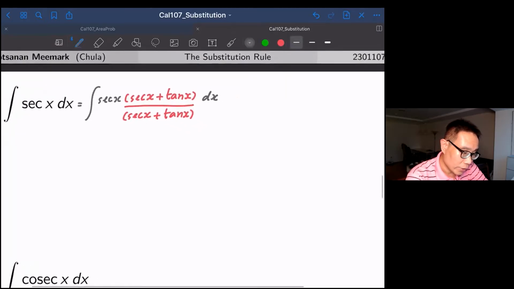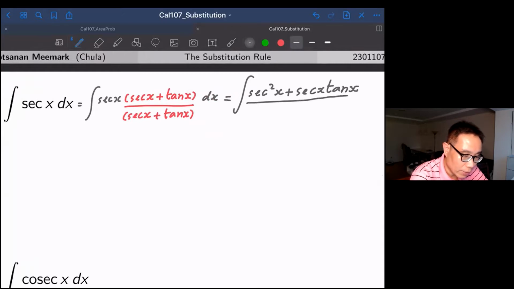Multiplying the top, it turns out to be secant squared x plus secant x tan x, and the bottom is just secant x plus tan x.